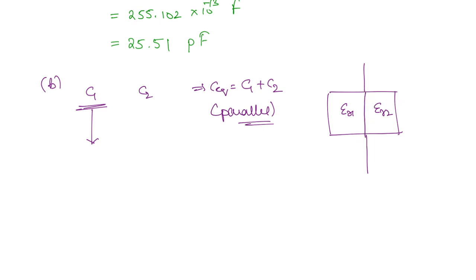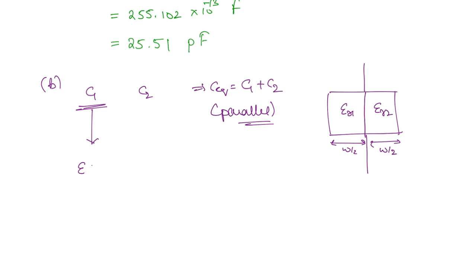It is given as W by 2 and W by 2. This is the width, and that width is half. That means the area will also be half. So if the entire area is A, then for this part of the capacitor, the area is going to be A by 2.